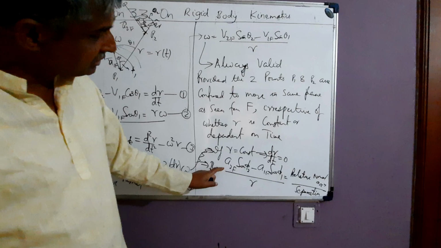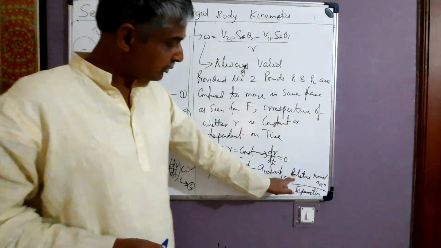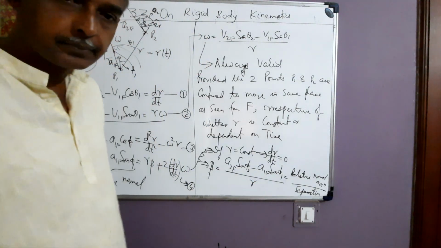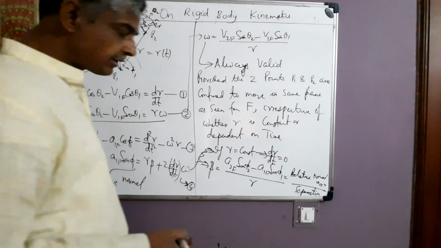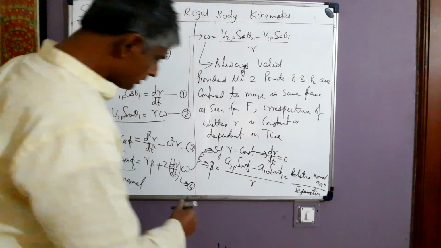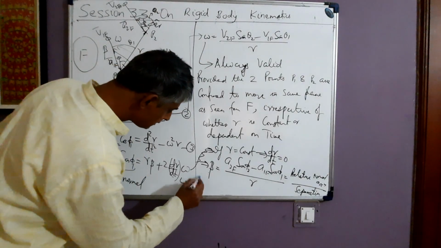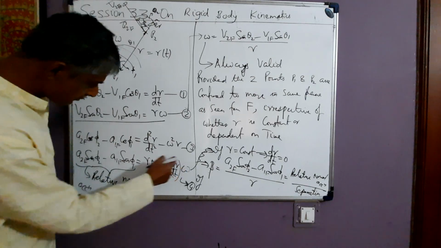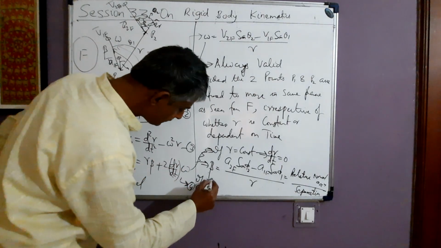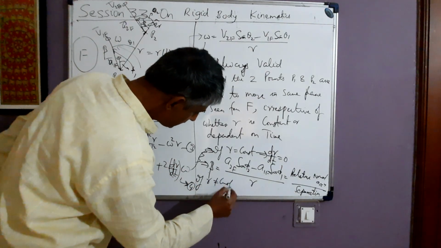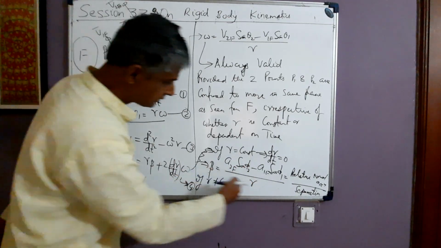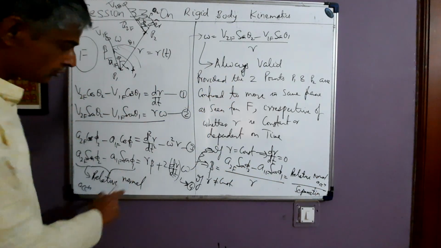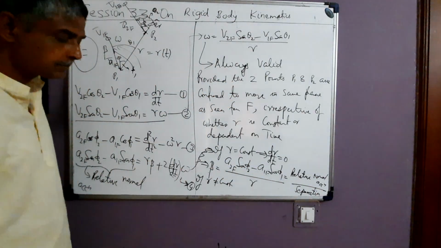But this formula for beta is valid only when the separation between the 2 points is constant, and the 2 points are always confined to move in the same plane. If r is variable, then this term also remains, so this formula for beta is not valid because this term also comes.